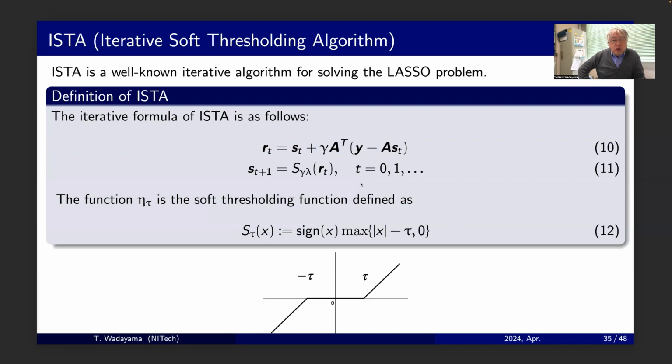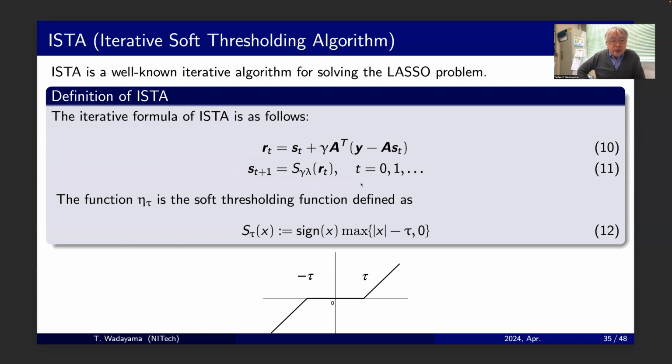Among all convex optimization algorithms, ISTA is a very well-known iterative algorithm for solving the LASSO problem. The iterative formula of ISTA is given in equations 10 and 11.